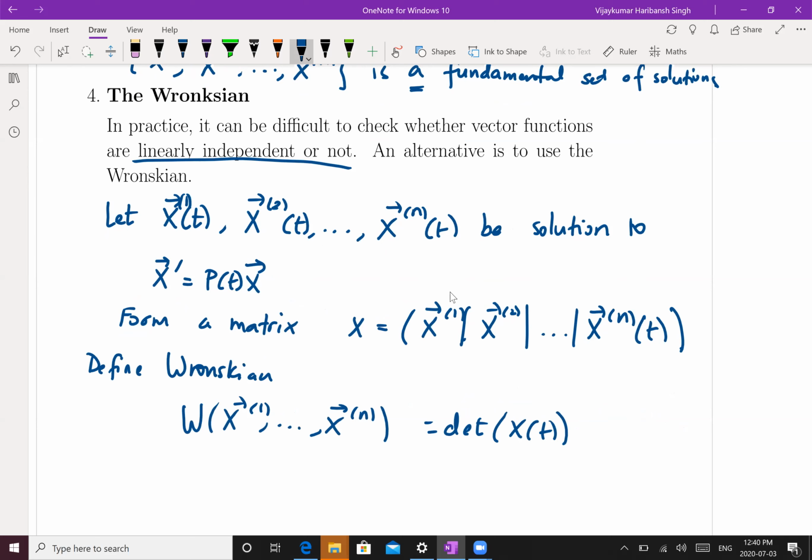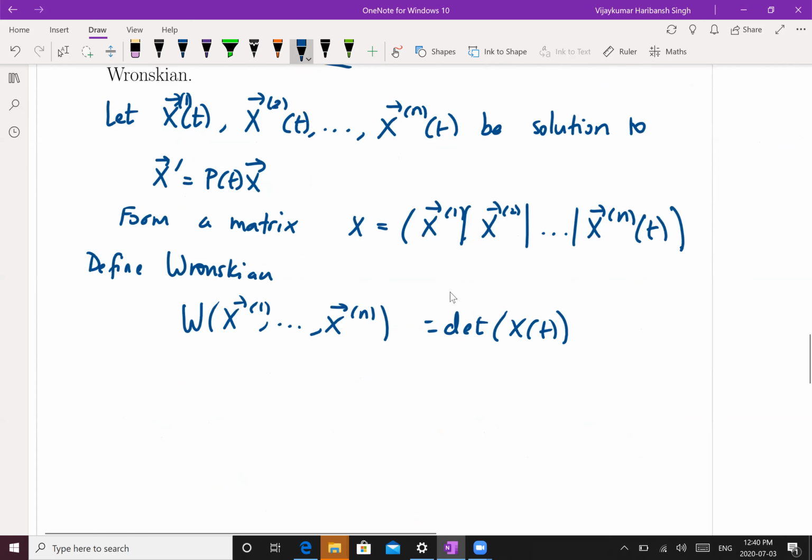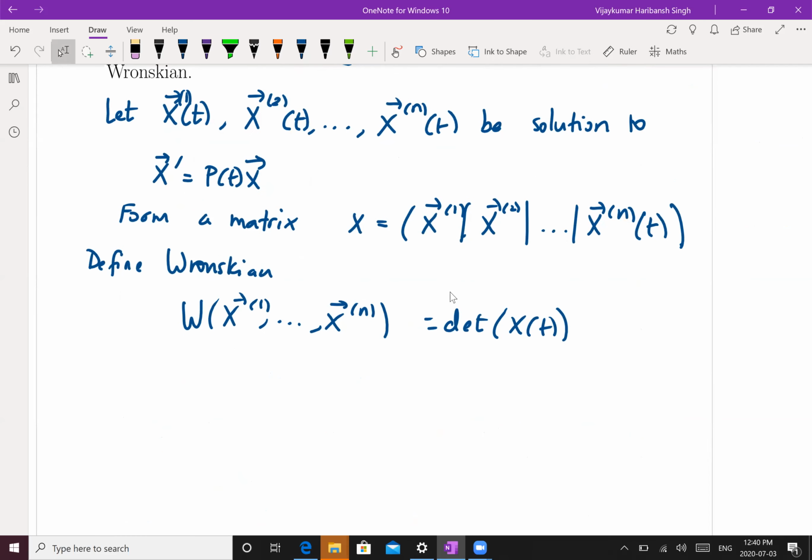Again, I'll point out that the dimension should be right so that we get a square matrix. If you're looking at an n system of equations with n variables, you are looking at n solutions, and then you're finding the Wronskian. Otherwise, the definition of Wronskian won't make sense.